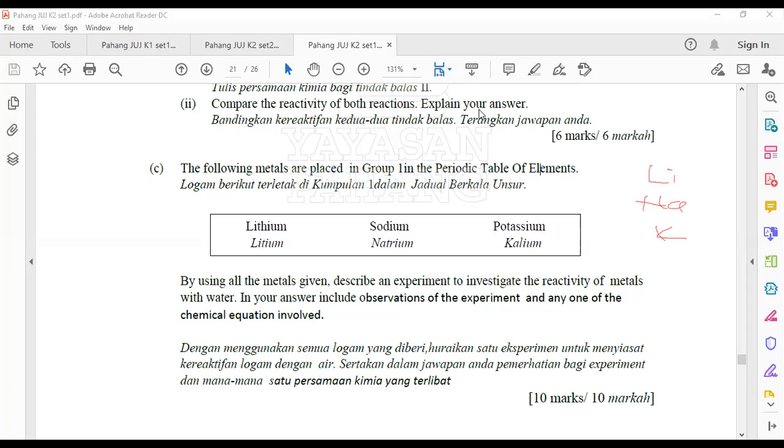Therefore, when going down group 1, the reactivity increases. So the potassium is the most reactive. Okay, so for the observation, you are going to make a table. Let's say this is your table.